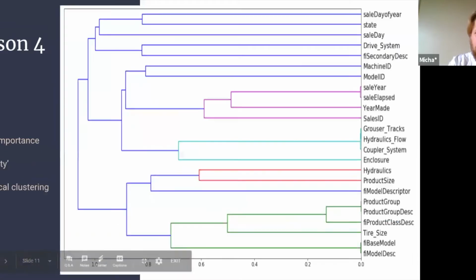Right, and this is another technique that he showed that could be used for further reducing the model. This is how to find variables that are related to each other.